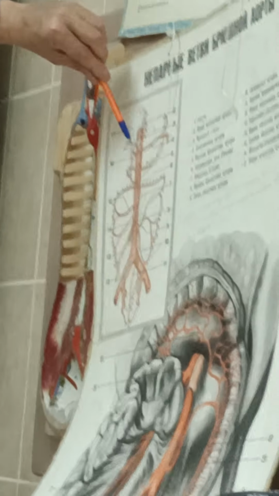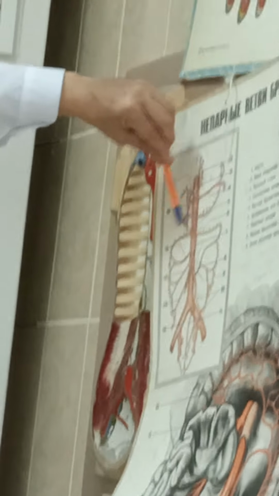The artery which passes to the right is called the common hepatic artery. It passes between the 2 layers of the hepatoduodenal ligament. And inside this ligament, it divides into 2 branches. One of them flexes downwards, and it is called the gastroduodenal artery.